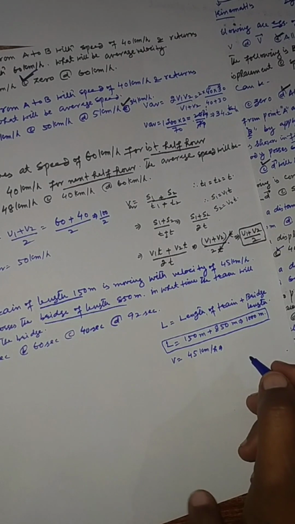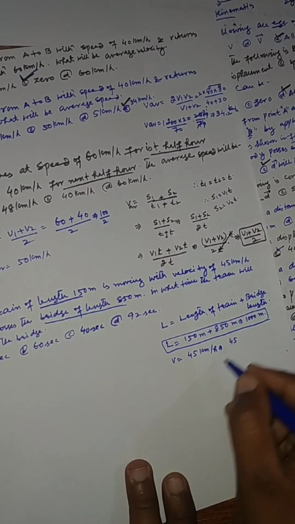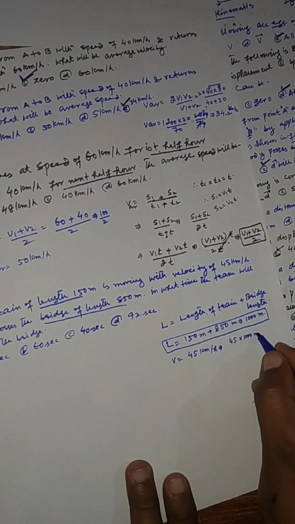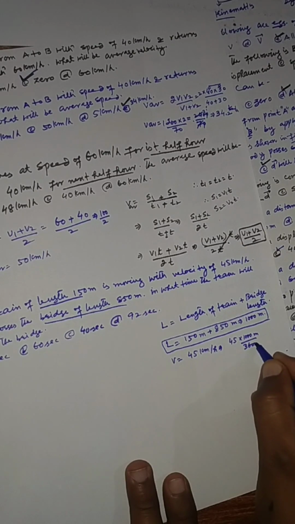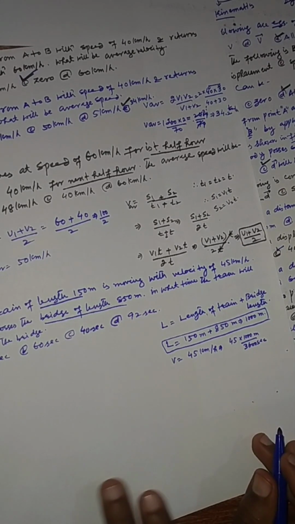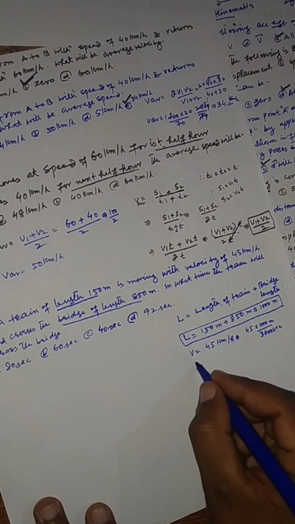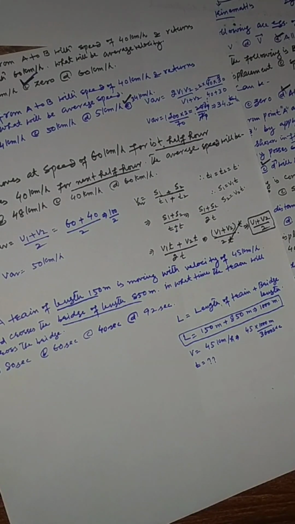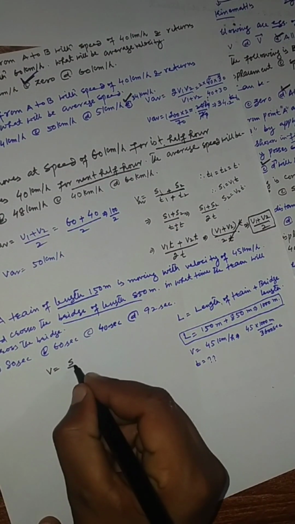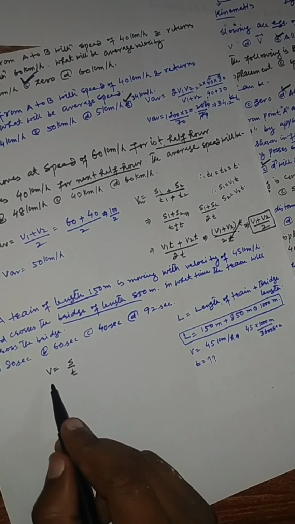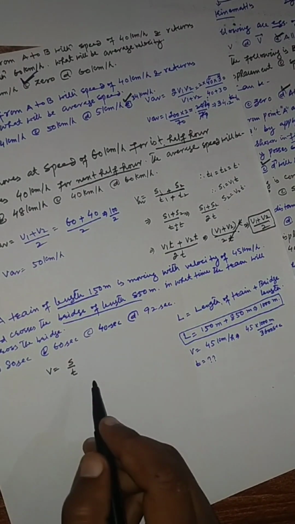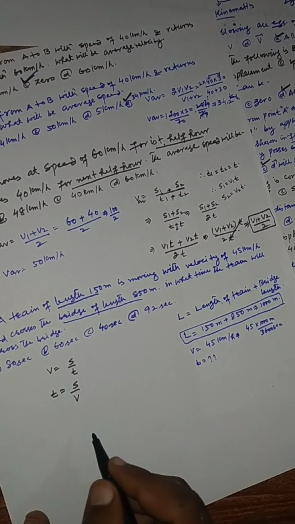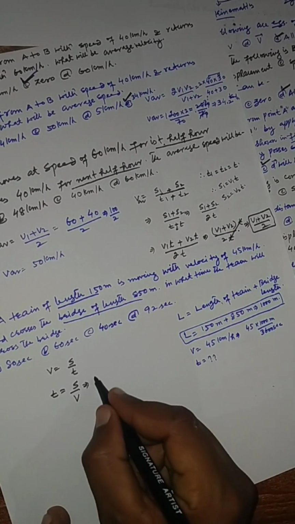If we change this into meter per second, this will be 45, and 1 kilometer equals 1000 meter and 1 hour equals this much. Okay, then we have to calculate the time. For time we know that V equals S over T. We are given S and V while we have to calculate T. So by rearranging this we get S over V, and S is how much?